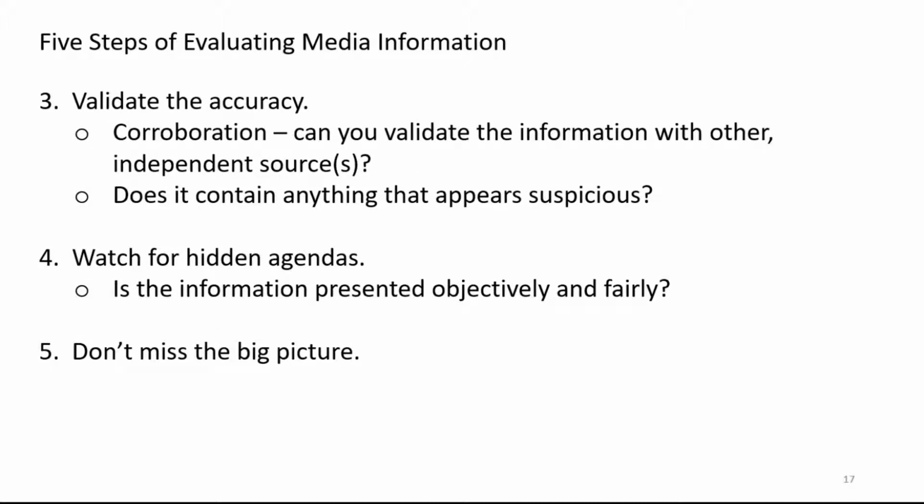Validate the accuracy. Corroboration. Can you validate the information with other independent sources? Does it contain anything that appears suspicious? 4. Watch for hidden agendas. Is the information presented objectively and fairly? And 5. Don't miss the big picture.